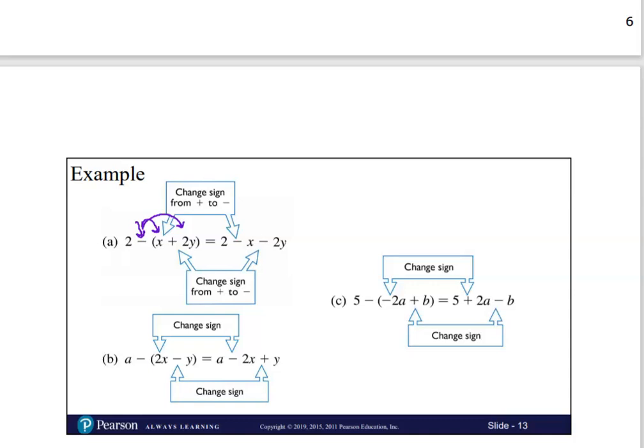So they rewrote the 2 in the front. Then this x, it was a positive x, but because it's got a negative in front of it, it's going to become the opposite of positive x, which is a negative x. This is going to be the opposite of a positive 2y, which is going to get us a negative 2y. So basically, inside the parentheses, if it was positive, it became negative, and if it was negative, it would become positive.